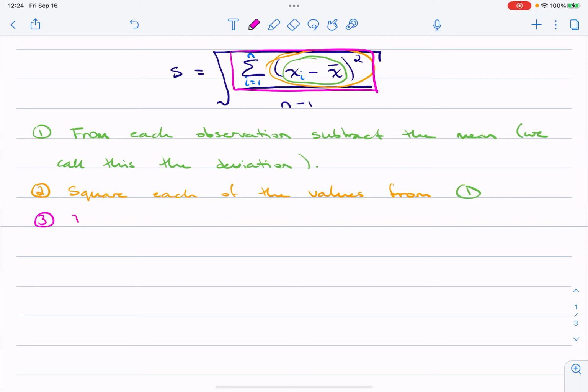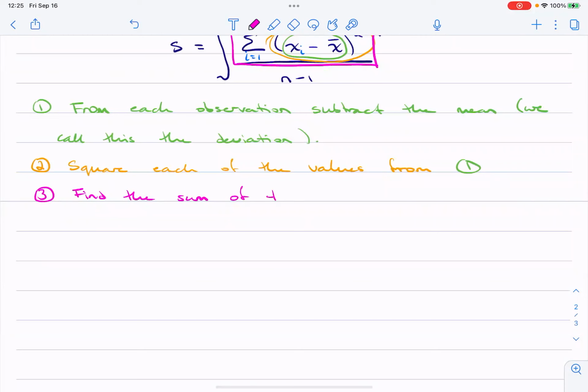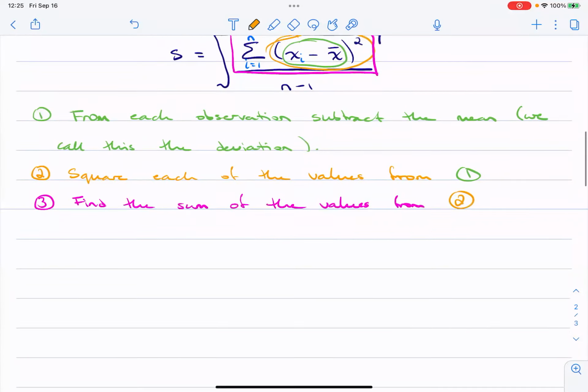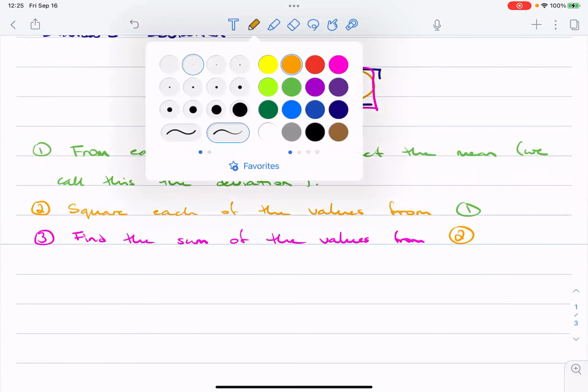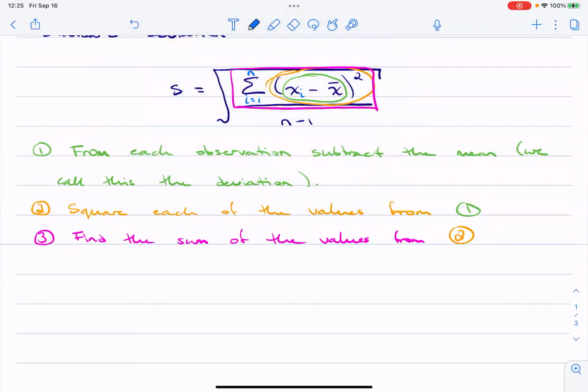And so now we're going to find the sum of the values from step 2. So now I have a sum, and that's just going to be one value, and that one value is what I'm going to divide by n minus 1.